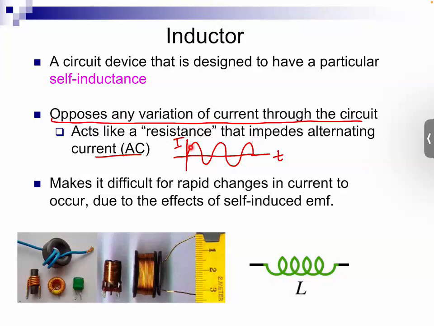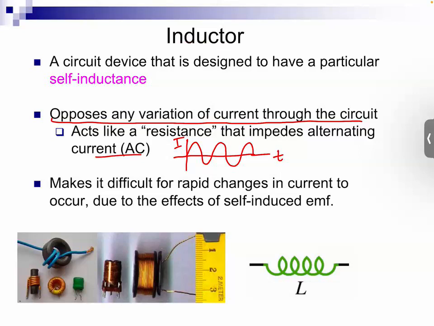And because the size of the current changes with time, Faraday's law says that it will induce a voltage. And the device that induces that change in voltage is the inductor.